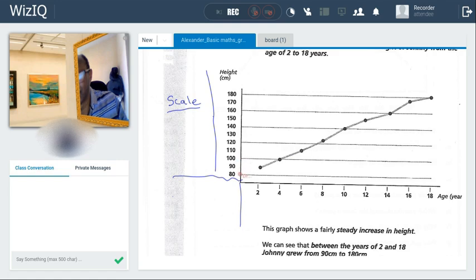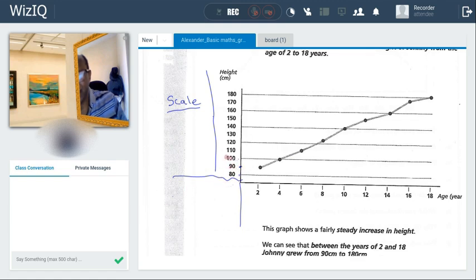The scale is just the difference: for example, from here to here is 100 take away 80, which is 20. So half of this is going to be 10, and that's why this is 90.